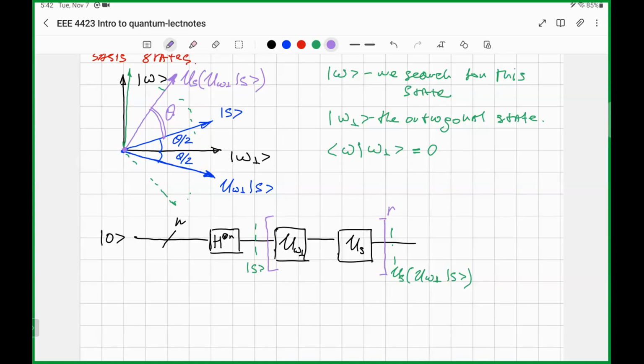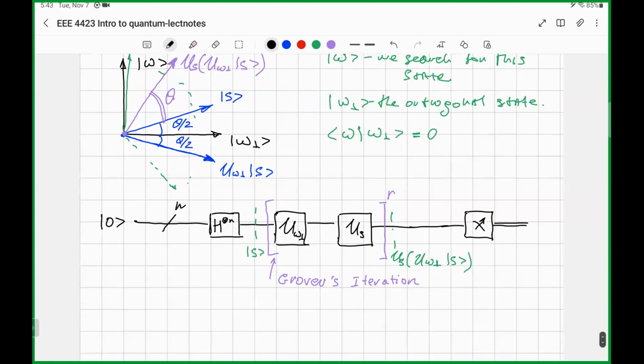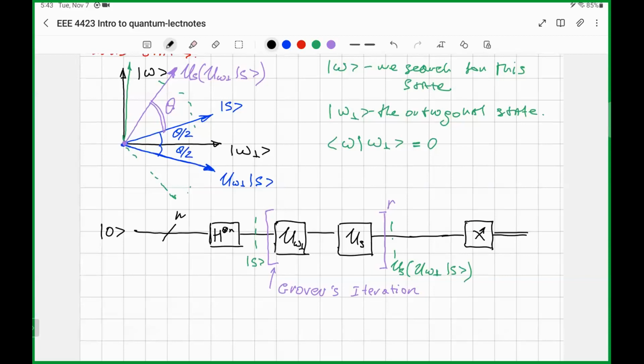This is Grover's iteration. And then finally, I apply the measurement gate, or I measure the qubits in their state, and this measurement returns a classical number, 0 or 1, with some certain probability, and this is the outcome of the circuit, or of this Grover's algorithm.